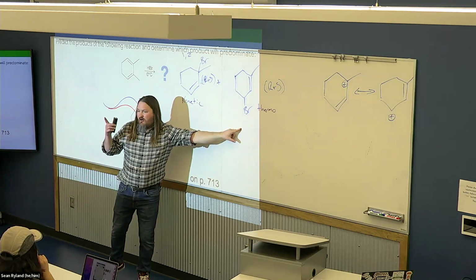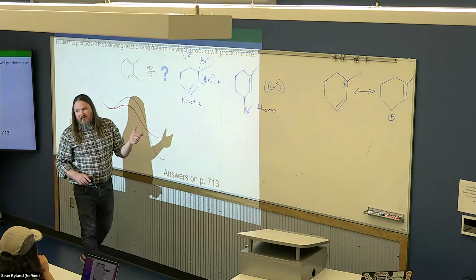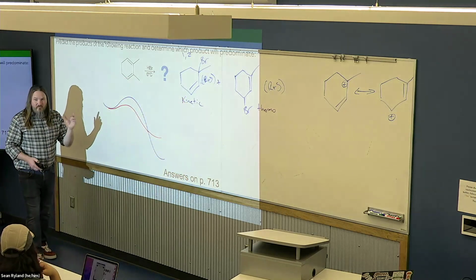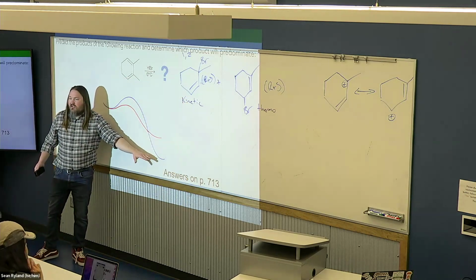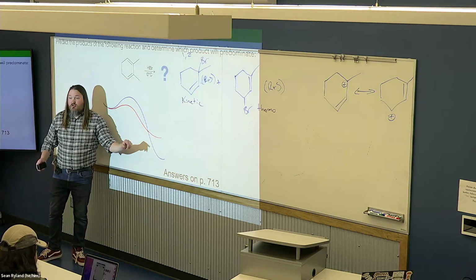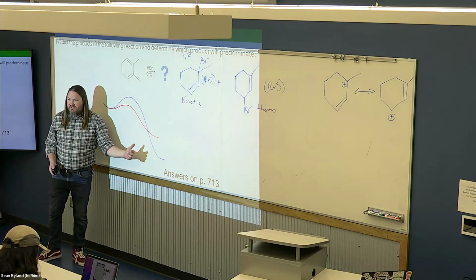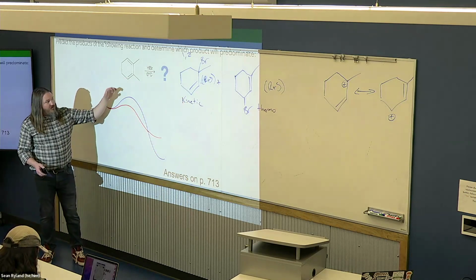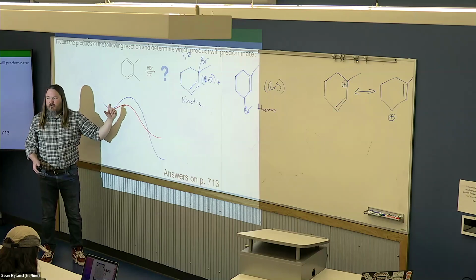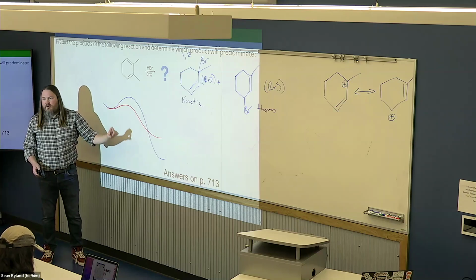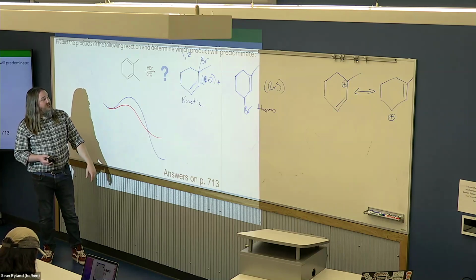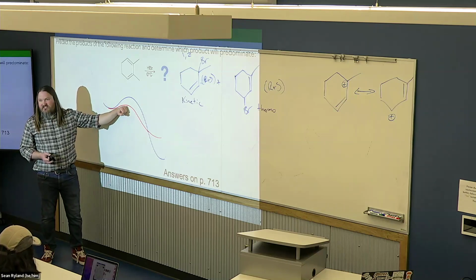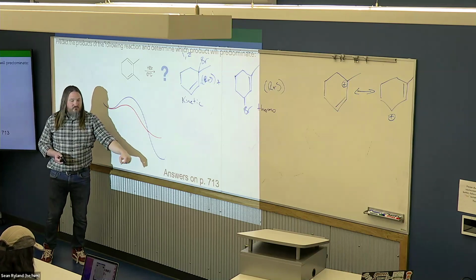As we saw with our thermodynamic versus kinetic lab, we do get a bit of a mixture depending on how big of a difference it actually is. If they're close to the same energy, if it's not a strongly favored thermodynamic product and a strongly favored kinetic product, we can get a mixture of both, but we'll favor one or the other based on the temperature. All right, so 0 Celsius favors the red line, 40 Celsius the purple line.